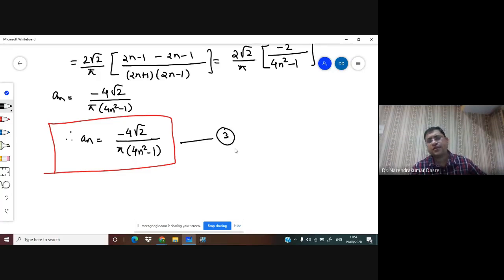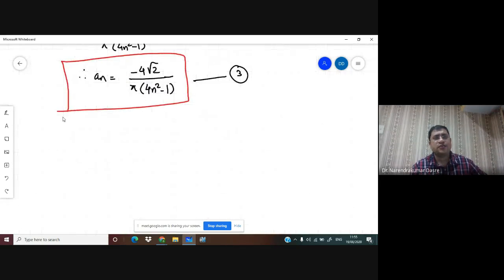So let's number this equation. And now we need to find the value of b_n, because we calculated a_0, we calculated a_n. Now it's time to calculate b_n. So let us calculate b_n.